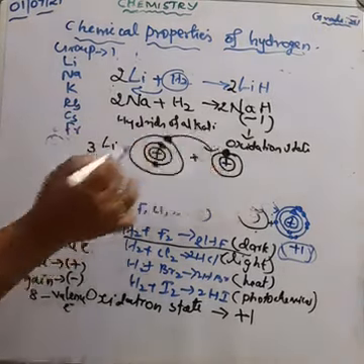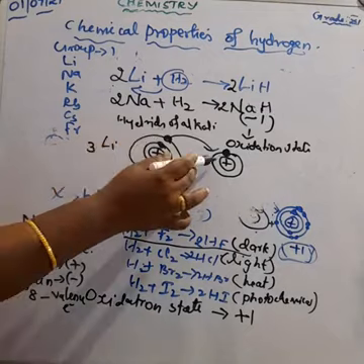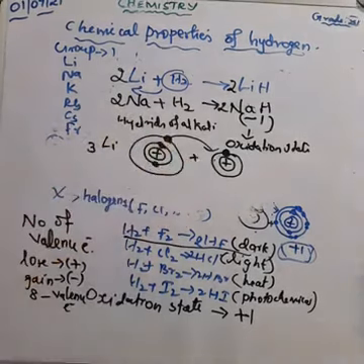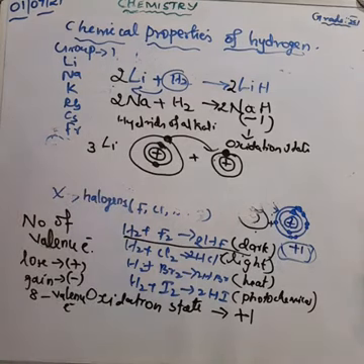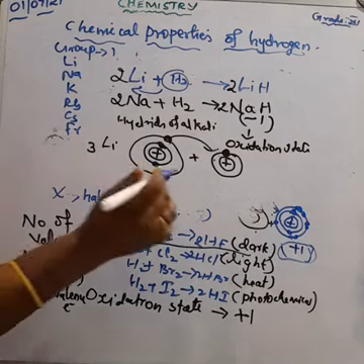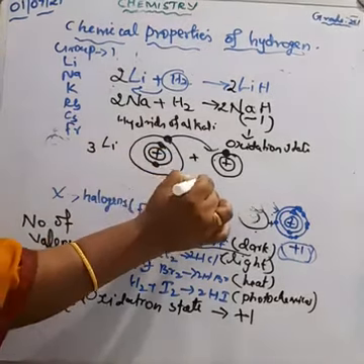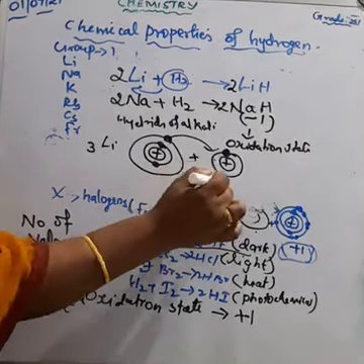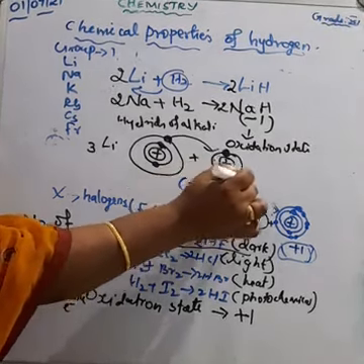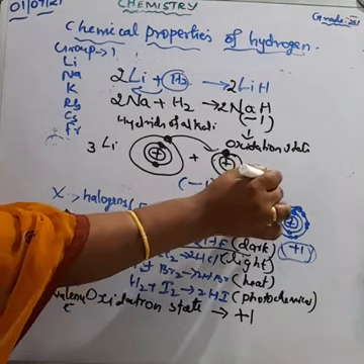The lithium atom lost 1 electron to the hydrogen atom and gets the stable helium configuration. Okay, understood? So when the hydrogen atom gains 1 electron from the lithium atom, what is the oxidation state of hydrogen? -1. Minus indicates the extra electron.